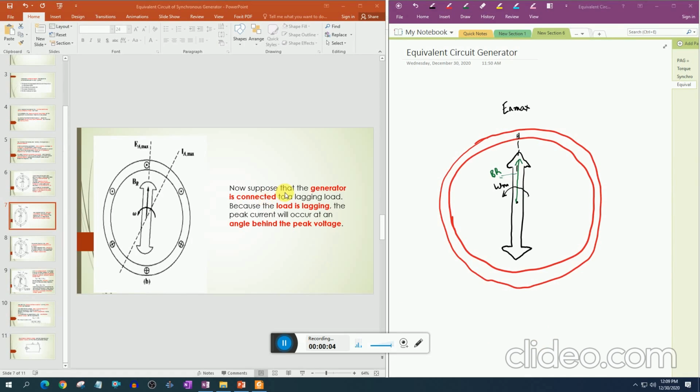Now suppose that the generator is connected to a load, and the load is lagging. If the generator is connected to a lagging load, then the current will lag the voltage by an angle theta, and this current is shown like this. I will draw it here. This is the IA maximum, which is lagging the voltage by an angle theta.